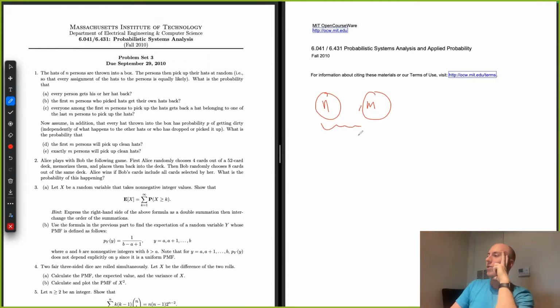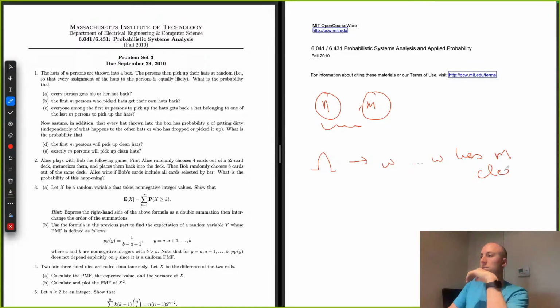Okay, so what's the probability of this? So if we ran this experiment and we got an outcome, little omega, and I tell you something about the outcome, I say omega has M clean hats.